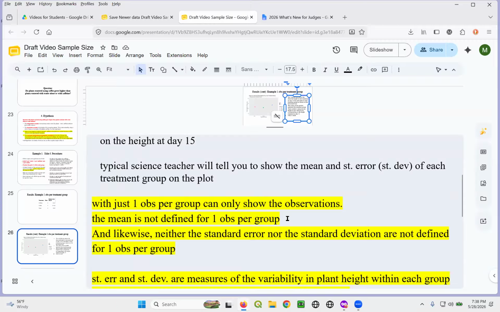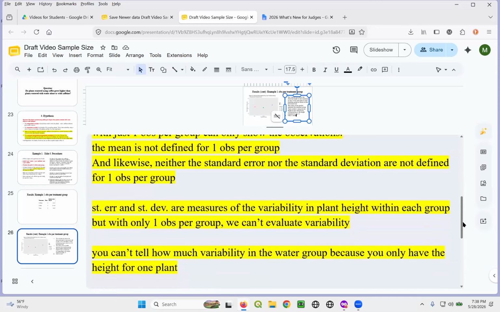It turns out Google chart will give you a mean for whatever that's worth. But the standard error and the standard deviation are not defined. These are measures of variability in plant height within each treatment group.